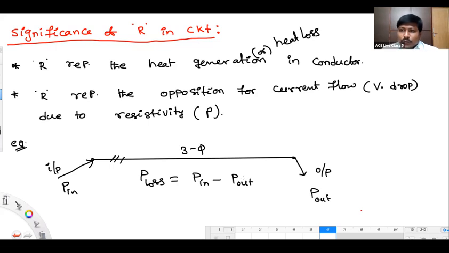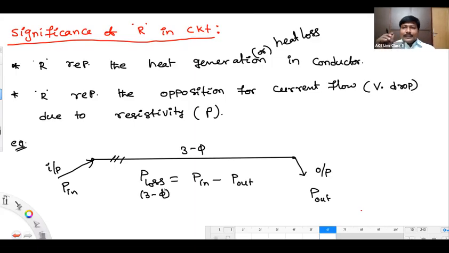It's a three-phase power loss. You are capable to calculate the power loss by a practical experiment, simply input minus output.